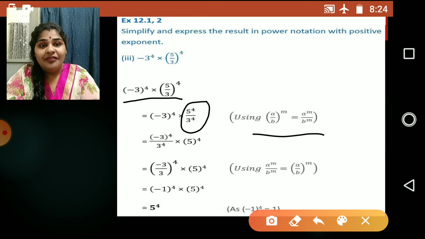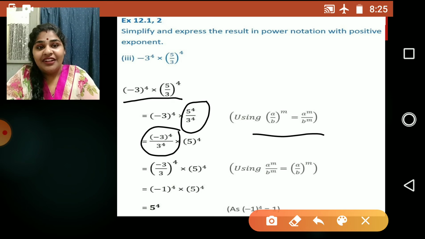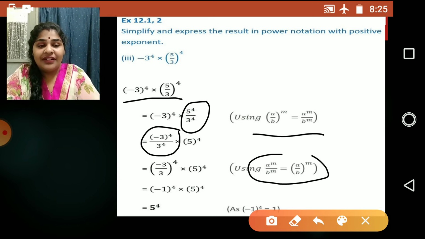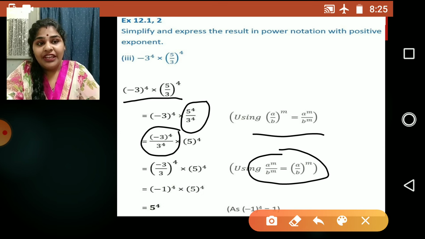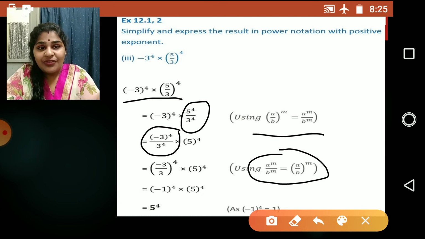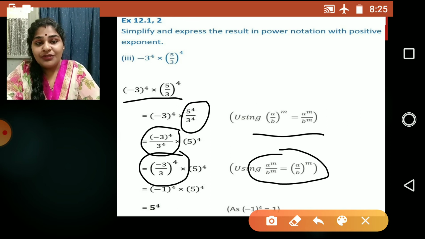Now here what I have done is I have interchanged the denominators so that I can cancel here, negative 3 upon 3 raised to 4 will be negative 1 whole raised to 4. The identity used here is (a/b) raised to m is equal to a raised to m upon b raised to m. So it can be written as (negative 3 upon 3) whole to the power 4 multiplied by 5 raised to 4.